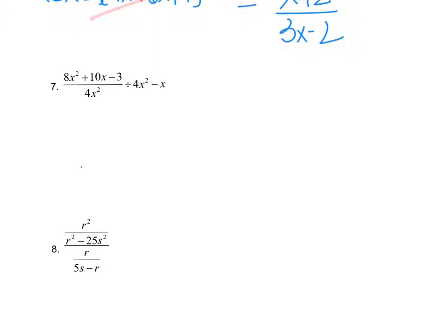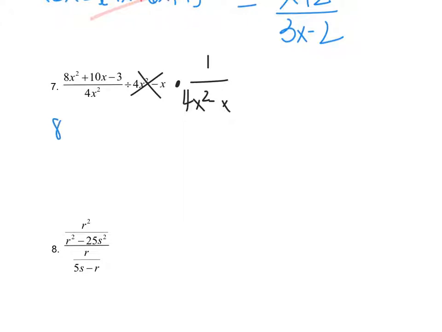Okay. So first of all, notice that this is division, so I'm going to want to cross this off, change it to multiplication, and then put it over 1 over 4x squared minus x. Okay. Then from here, I just want to start factoring. So in the numerator, what two numbers multiply to negative 24 and add to 10?